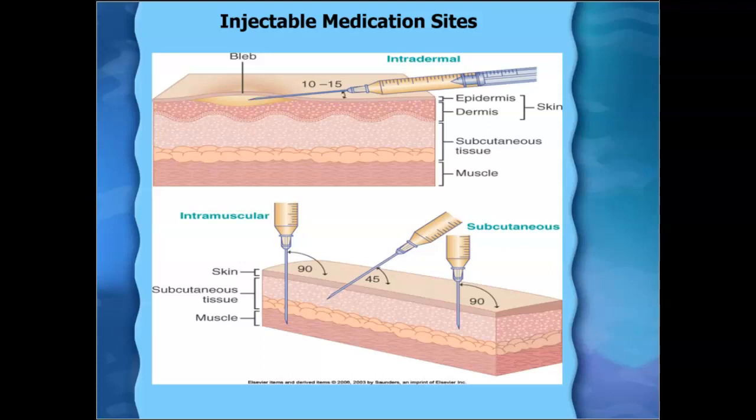Then we have our subcutaneous, right? Shows you the angle of that, 45 to 90 degrees, depending upon how much fat tissue is literally in your patient's body, right? If you have an elderly patient who's really thin and doesn't have a lot of subcutaneous tissue, you may have to go at a sharper angle, even more than 45. And then intramuscular is typically 90 degree angle right into the skin like a dart.